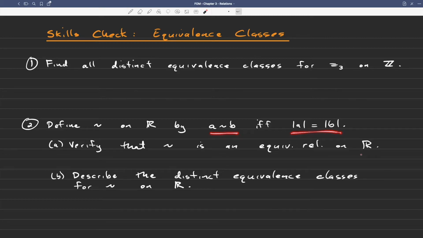I want you to check that tilde is an equivalence relation, that's part A. And then secondly, I want you to describe all of the distinct equivalence classes for tilde on R. And I want you to think about the relationship. Are those equivalence classes disjoint from one another? And is their union forming all of R? So go ahead and press pause, and we'll work these together when we come back.